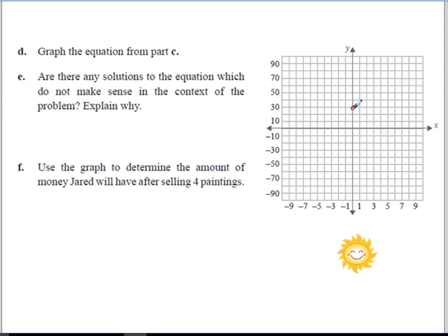And then our slope is 15, which means we can go 15 over 1. So it means we're rising $15. Here's 10, halfway up would be 15 over 1 painting sold. And 5, 10, 15 over another painting sold. So notice we can use our slope to count to draw our line.